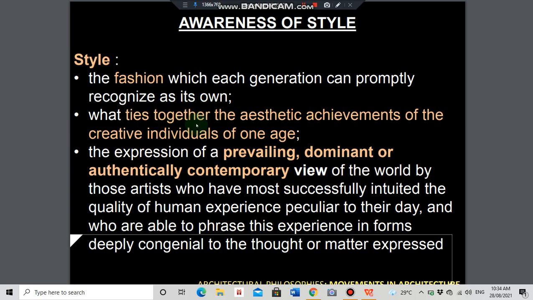What ties together the aesthetic achievements of the creative individuals of one age, the expression of a prevailing dominant or authentically contemporary view of the world by those artists who have most successfully intuited the quality of human experience peculiar to their day, and who are able to praise this experience in forms deeply congenial to the thought of matter expressed.